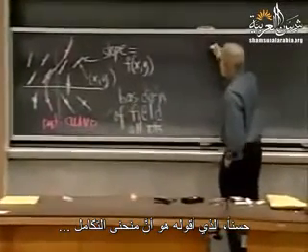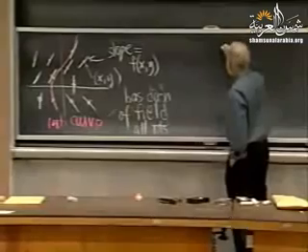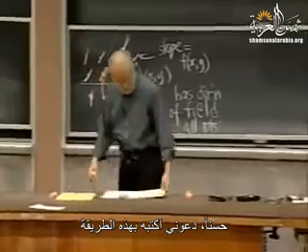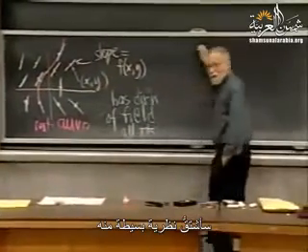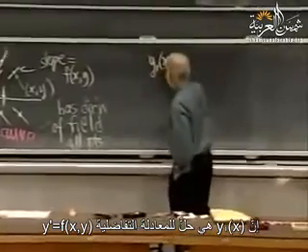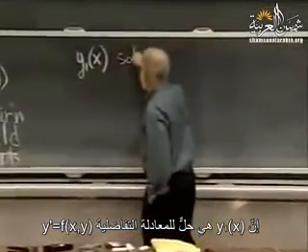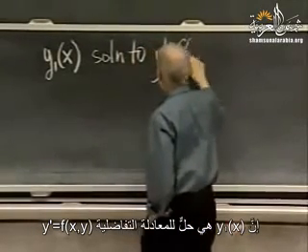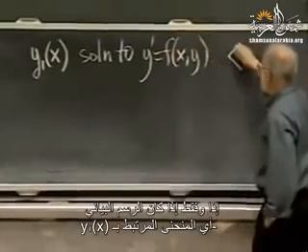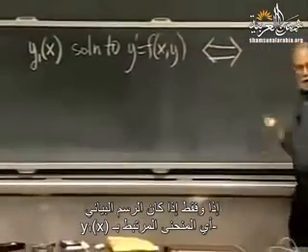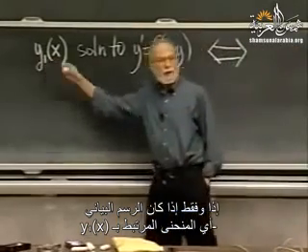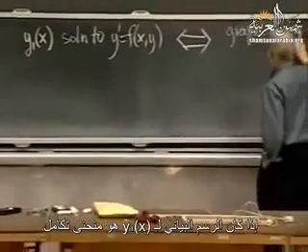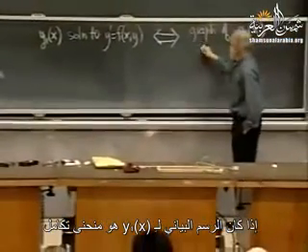So what am I saying? Let me write it this way. I'll make a little theorem out of it. That y1(x) is a solution to the differential equation if and only if the graph, the curve associated with this, the graph of y1(x), is an integral curve.